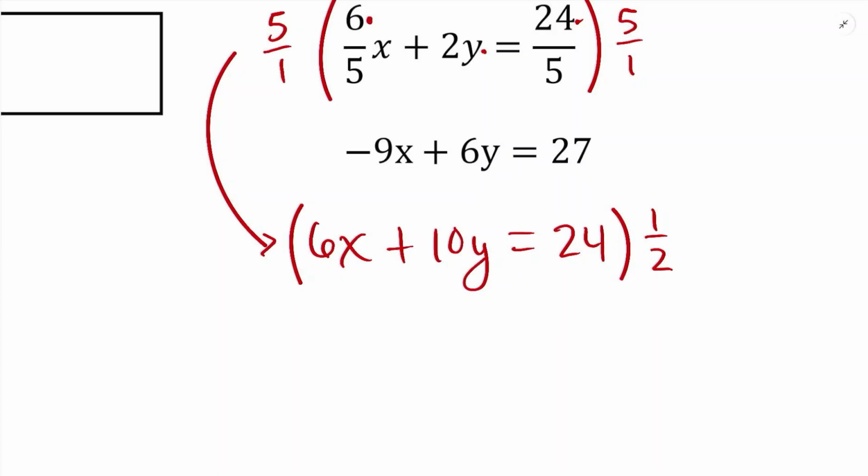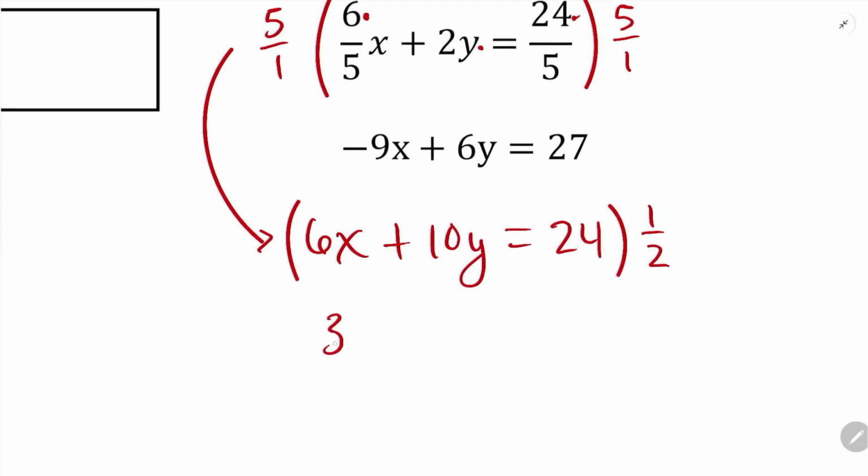I'm doing this because I can see that 6, 10, and 24 are all divisible by 2, so why not get rid of that common factor of 2 from each of the terms? When I do that, this equation is going to become 3x, that's 6 times 1/2, plus 5y, that's 10 times 1/2, equals 12, which is 24 times 1/2.